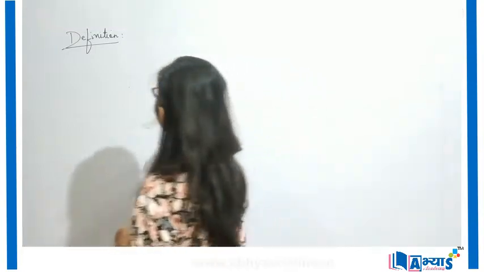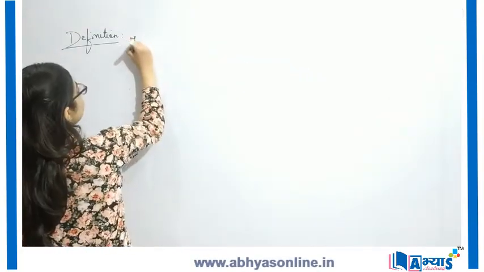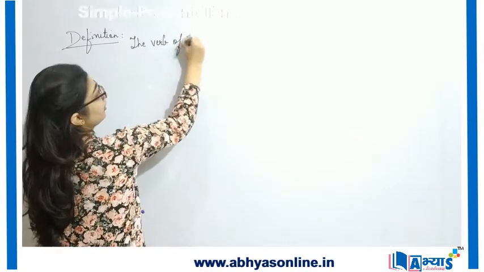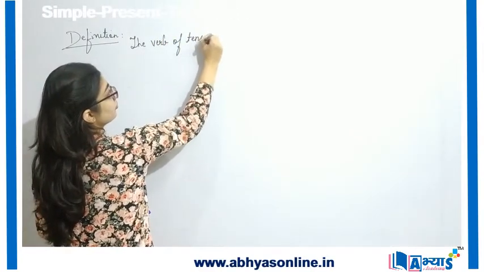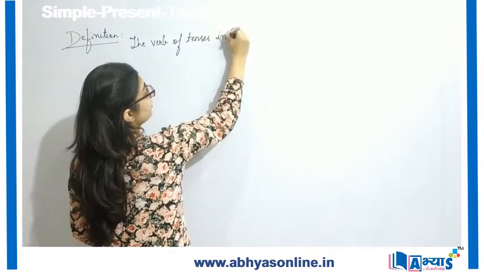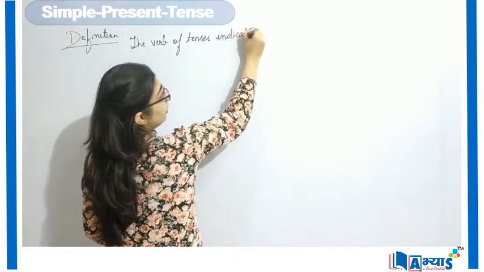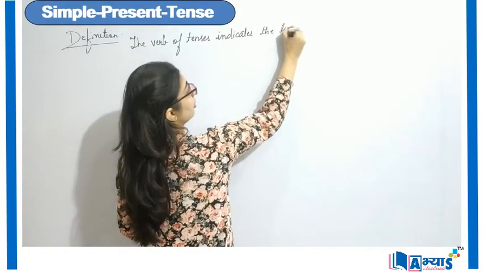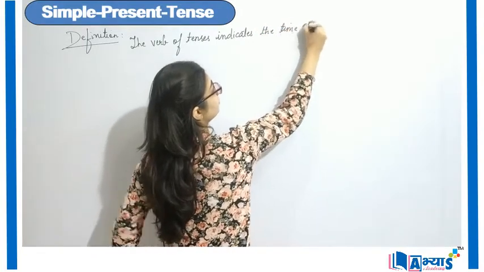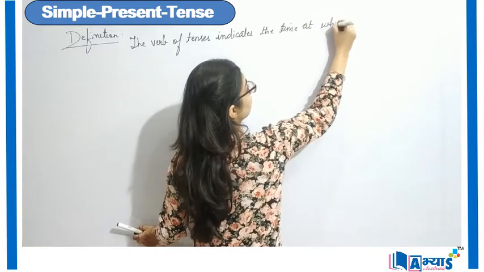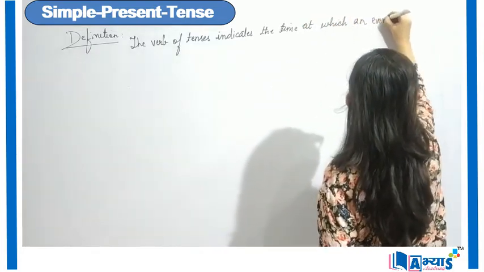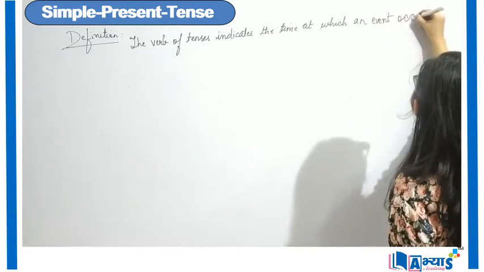So, the verb of tenses indicates or determines the time at which an event occurs.